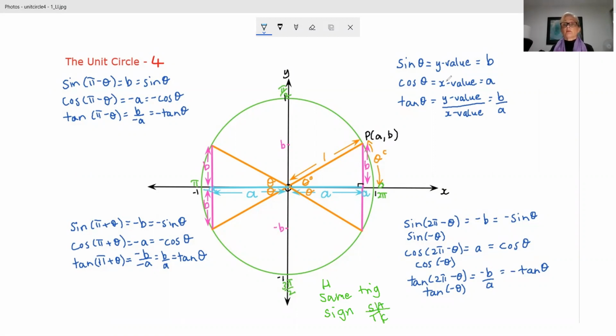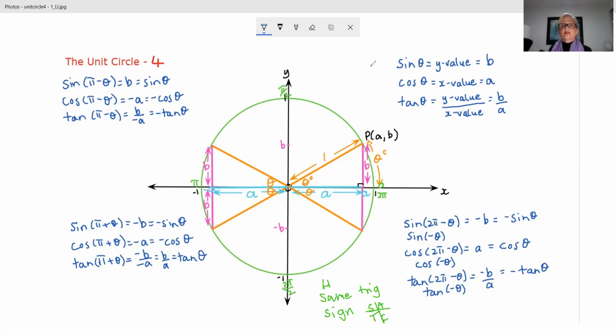All of them are positive in the first quadrant. The only one that's positive in the second is sine. The only one that's positive in the third is tan. And the only one that's positive in the fourth is cos. And I said, please don't go home and learn all these things. It's totally unnecessary.